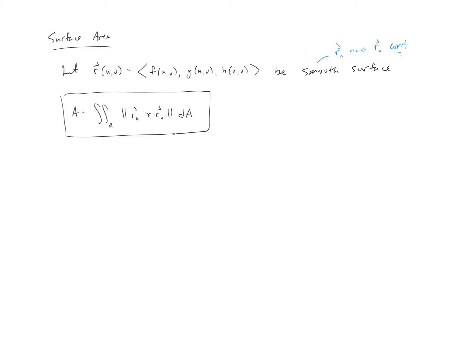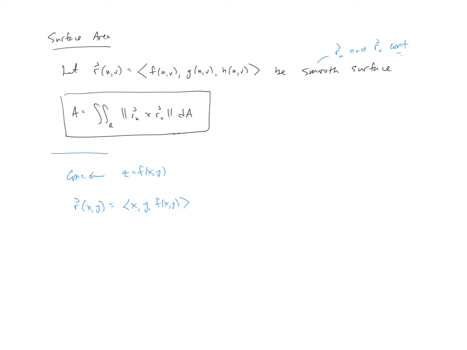So to do this, we'll consider the surface z equals f of x, y, which to start is not parameterized. If we are going to parameterize it, we could do r of x, y being x, y, and then f of x, y, a similar parameterization to what we would have done for curves back in Calc 2.